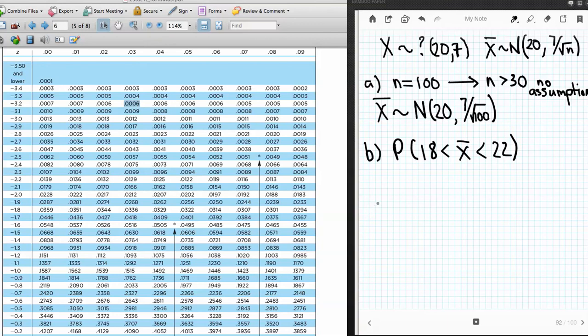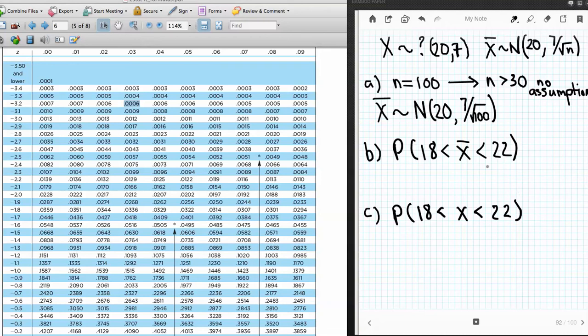And then finally it says, let's assume the X distribution is approximately normal. What's the probability that the X's themselves are between $18 and $22? So the 18 and 22 contains the mean, right?